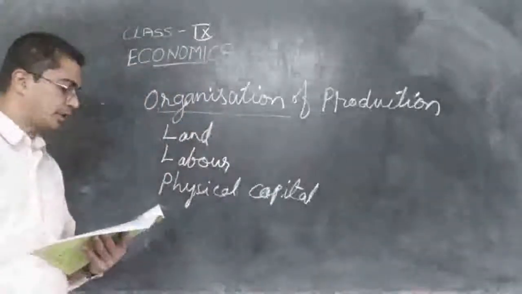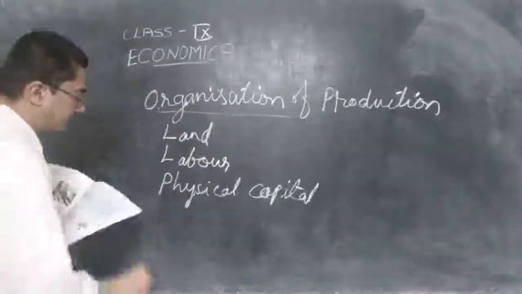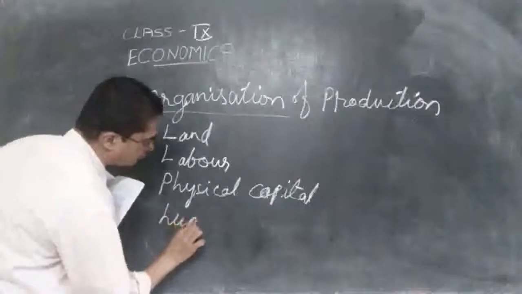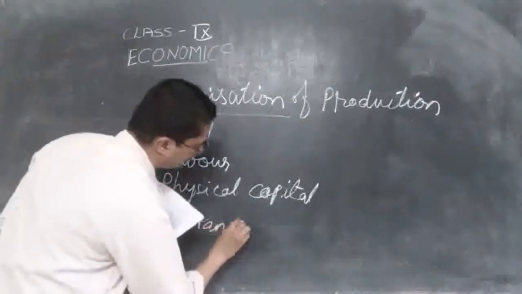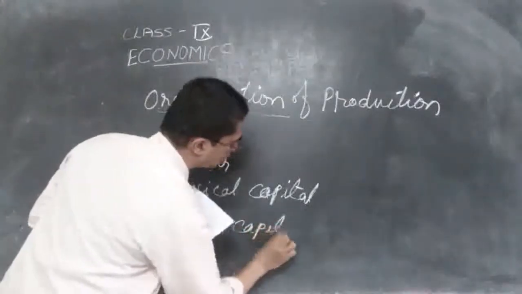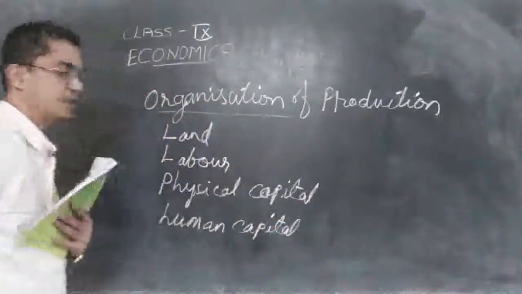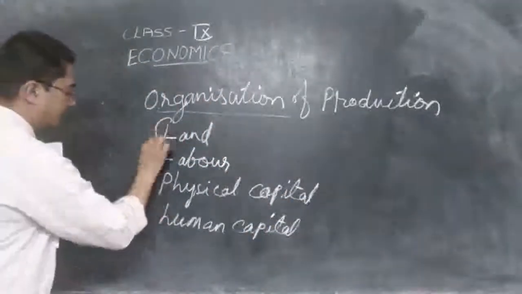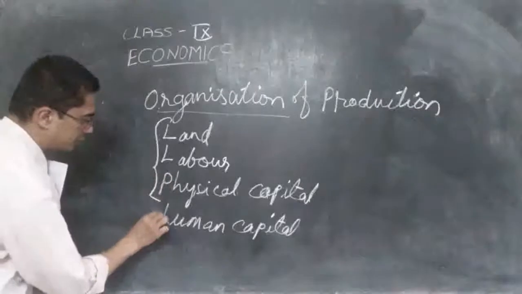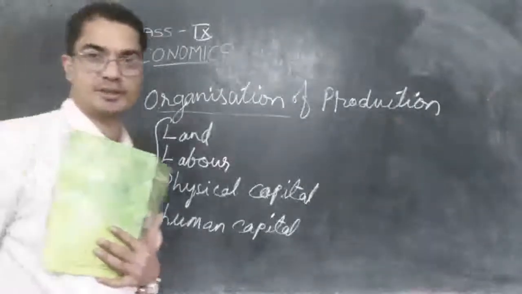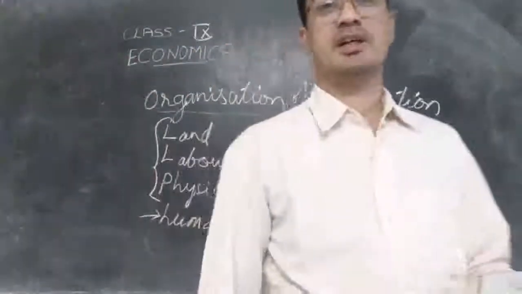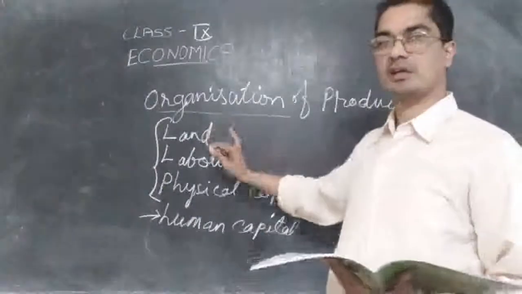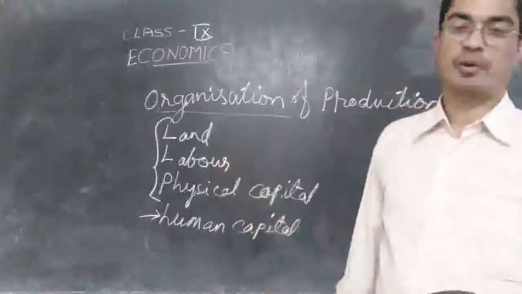Then another one is human capital. So these are the 3 main, but this one is also very important. These are called factors of production.